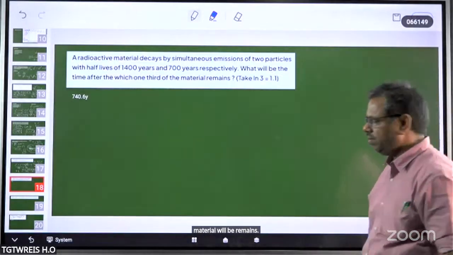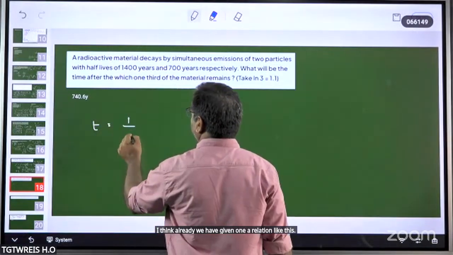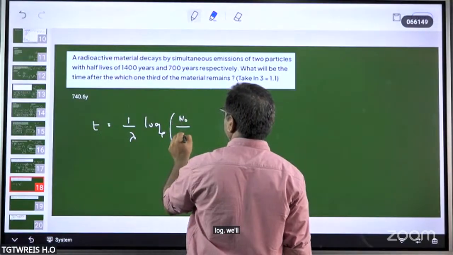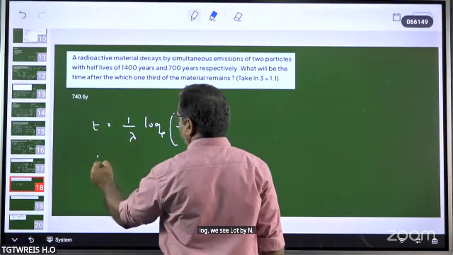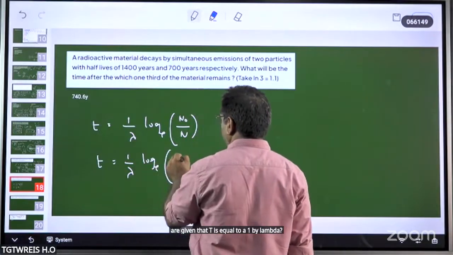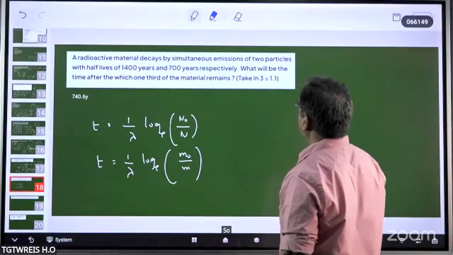I think we have already given one relation like this. T is equal to 1 by lambda log base e N naught by N, or I gave that T is equal to 1 by lambda log base e M naught by M. So what is it saying here?